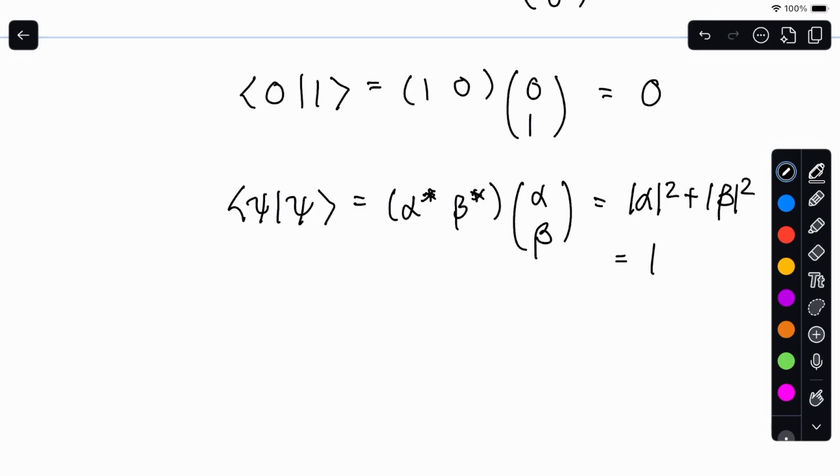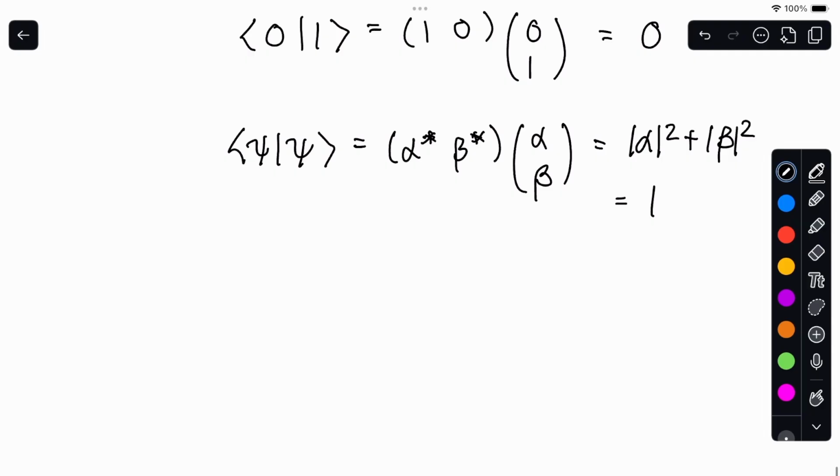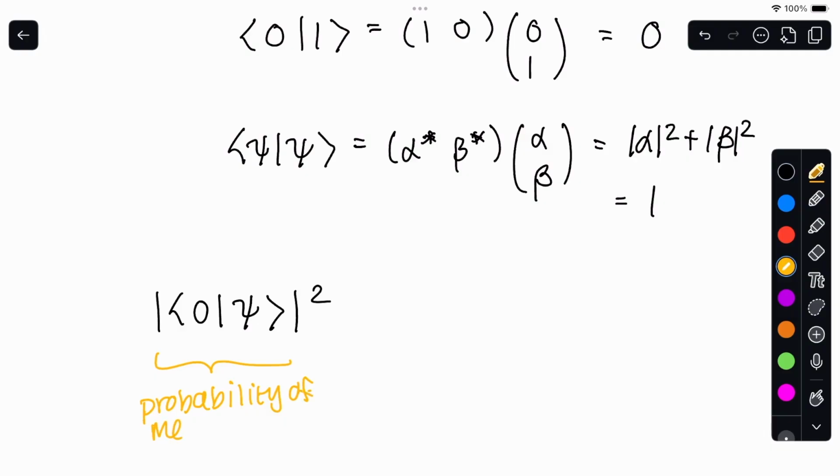The inner product also gives you a notion of the probability of measuring something. It tells you the probability of measuring one state when you're in the other. The way we can do that is by taking the inner product squared. So for example, this is going to tell us the probability of measuring 0 if we are in the state psi.